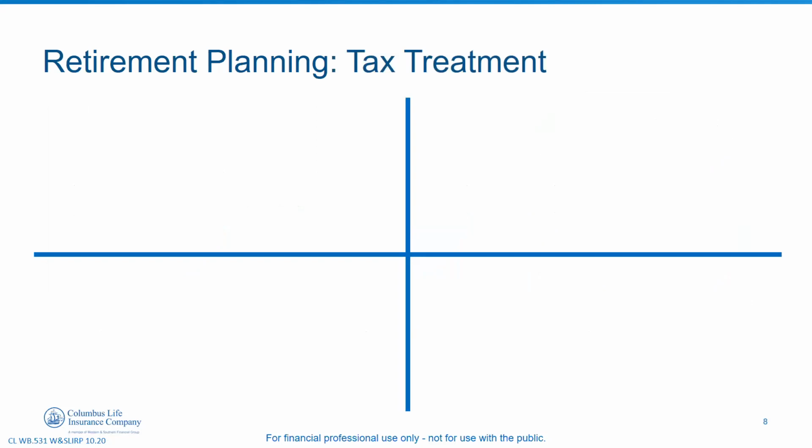I want to go one step further and take a look at the assets from a tax perspective. I think you'll find when you look at these four quadrants that this particular slide, in my opinion, is very helpful when you're talking to your clients. Through the process, we're going to do something similar. However, instead of how a client is allocated from an asset allocation mix, we're going to look at how they're allocated from a tax perspective.